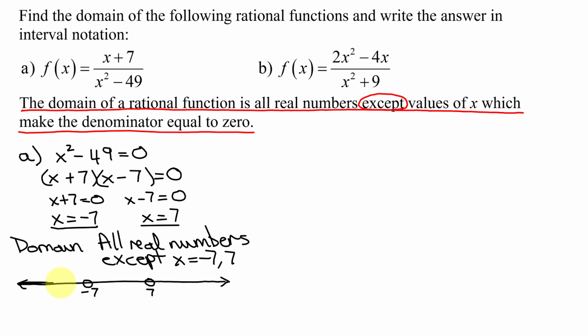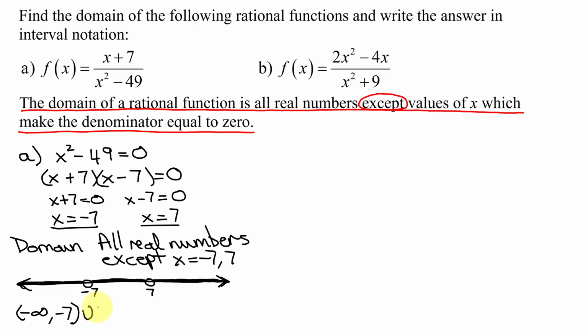But I need everything to the left of negative 7, everything between negative 7 and positive 7, everything to the right of positive 7. So my first interval starts at negative infinity, goes all the way up to negative 7, but you must put a parenthesis on the negative 7 because you don't want to include it.